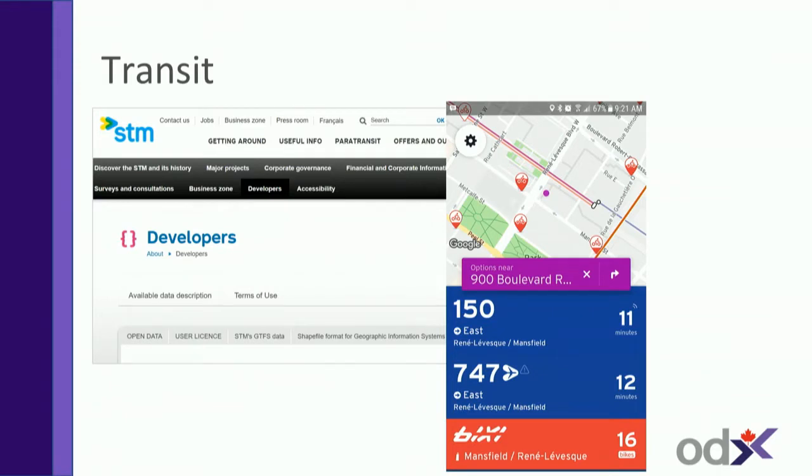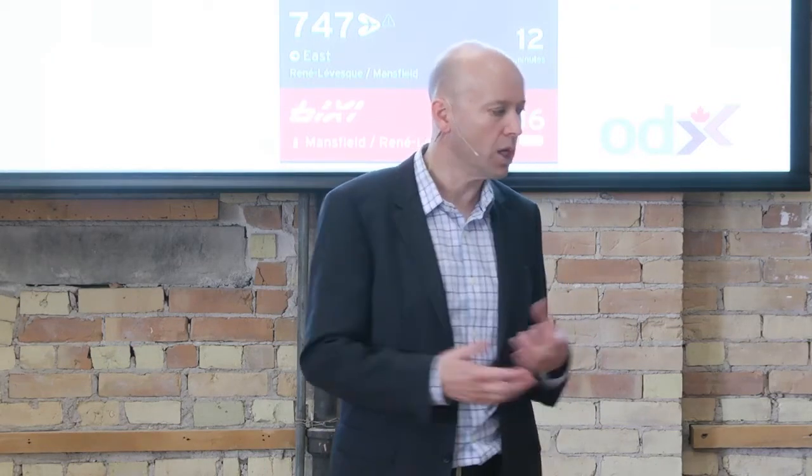A lot of these municipalities are making transit information available: bus schedules, subway schedules, any sort of transit within the system. In addition, a number of municipalities are also making information available on a real-time basis, so you can say the next bus will be at this particular stop in 5 minutes. So they're aggregating all of this information together.